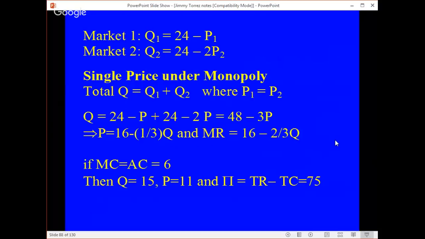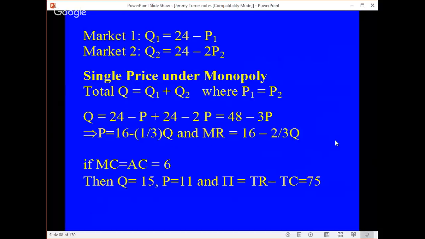And I'm going to assume that marginal cost is fixed at 6. And if marginal cost is fixed, it equals the average cost. So I set marginal cost equal to marginal revenue. That 16 minus 2/3 Q is equal to 6. And I get a quantity of 15. I plug that into my inverse demand curve, and I get a price of 11.